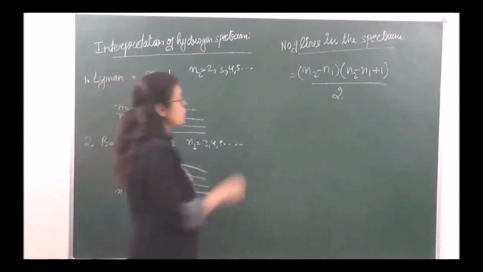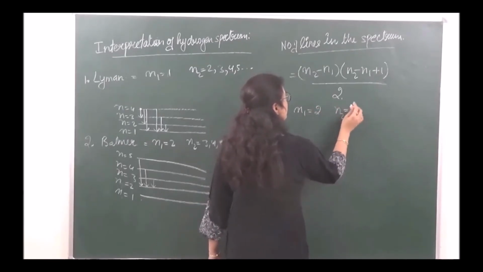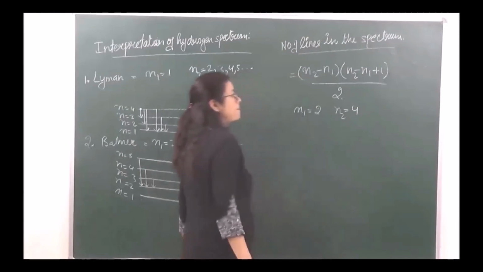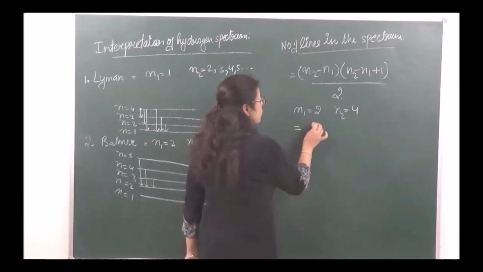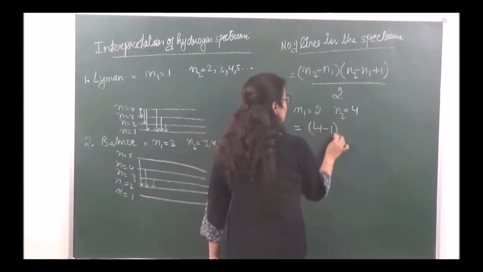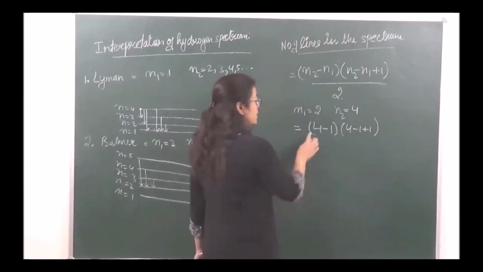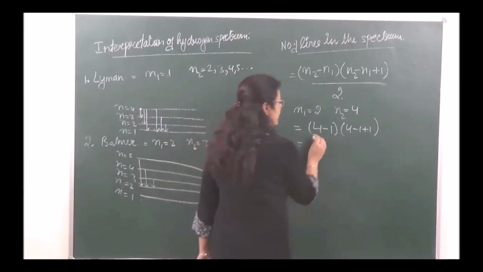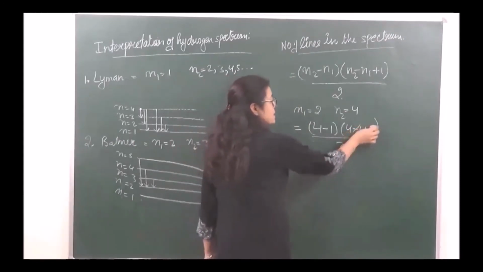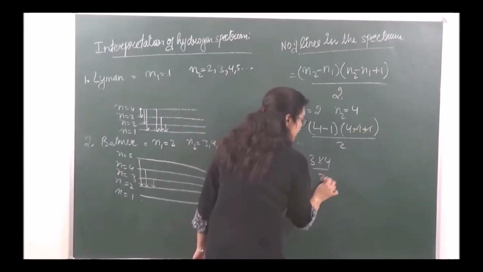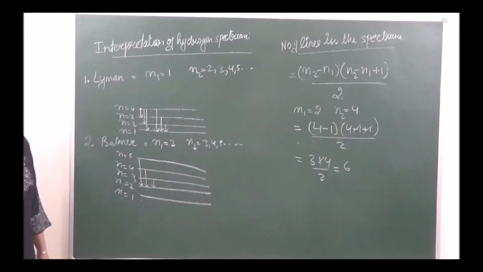Let's say there is a transition taking place from N1 is equal to 2 and N2 is equal to 4? Hmm, here the number of spectral lines you are expected to calculate will be (4 minus 1) into (4 minus 1 plus 1) divided by 2. So 4 minus 1 is 3, 3 plus 1 is 4, and this 4 and this 2 cancel, so the number of spectral lines is going to be 6.